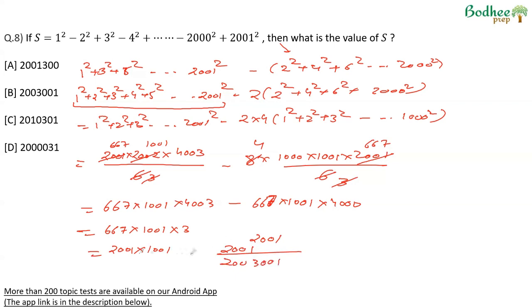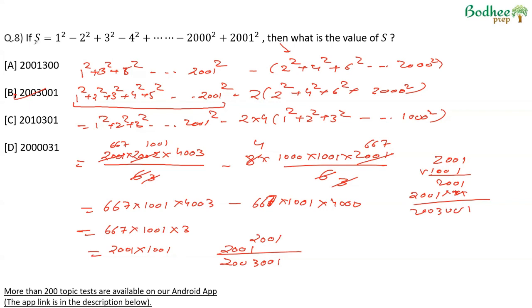Multiplying 2001 by 1001, we'll get 2003001. So you can multiply, if this is not clear, 2001 into 1000 plus 2001, add to get 2003001, we get this answer.